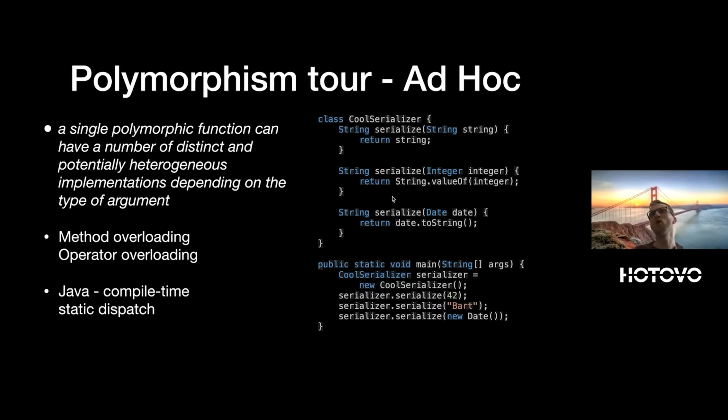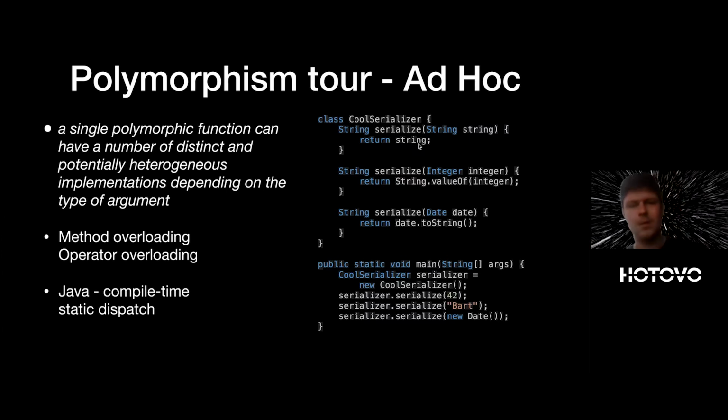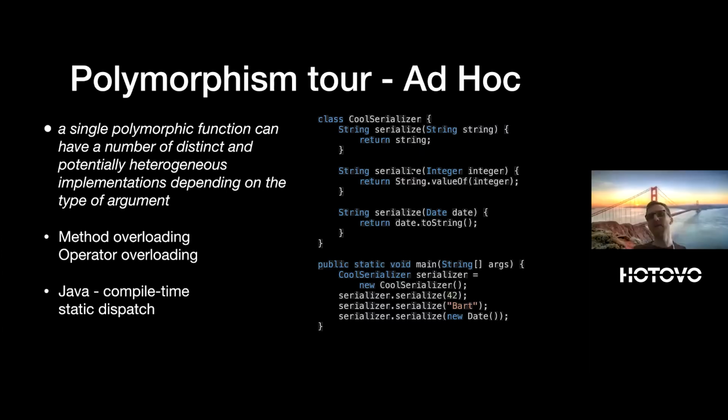Why is it ad hoc? The meaning of it is not super clear to me either. It's not about when it's applied, like ad hoc on demand or at the point that you need it. It's more like it's not a construct of the type system of the language directly.